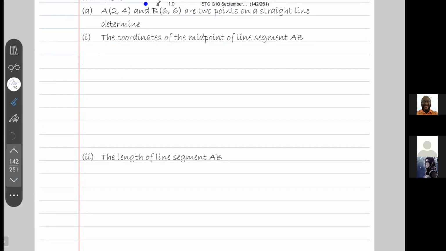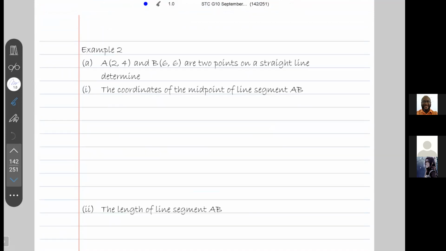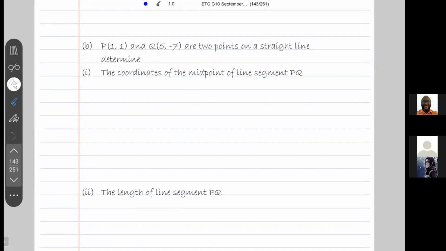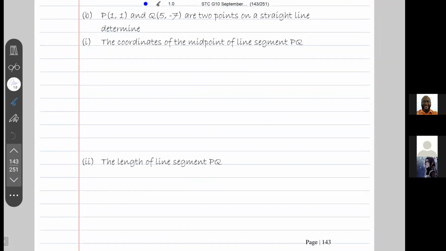All right, so this is example 2. You have A, I'm not going to do A, I'm going to do B. You can go back and do A, but I'm going to do B. Guys, B says: P, which is the point 1, 1, and Q, which is 5, minus 7, are 2 points on a straight line.